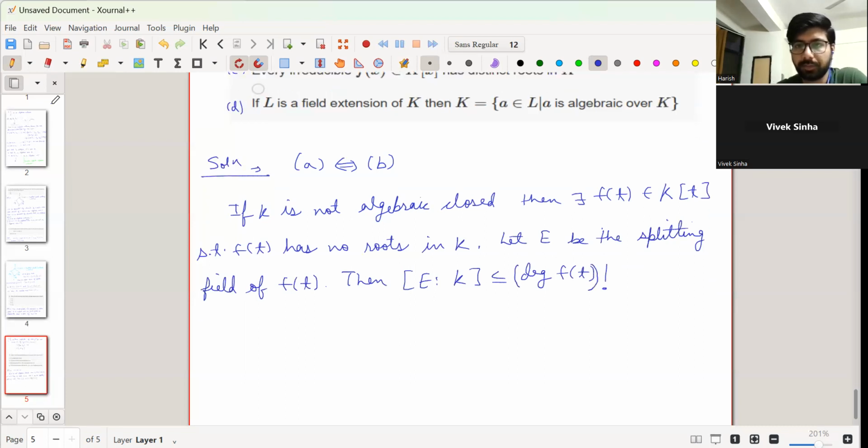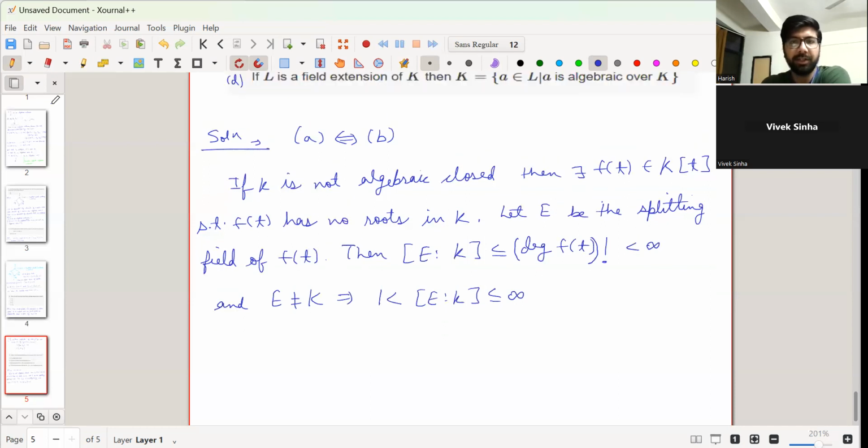So this is of course less than infinity, and E is not the same as K because it doesn't contain a root, right? So it cannot be the same. This implies it is strictly greater than 1, the dimension, and it is less than infinity. So why do we need greater than 1?